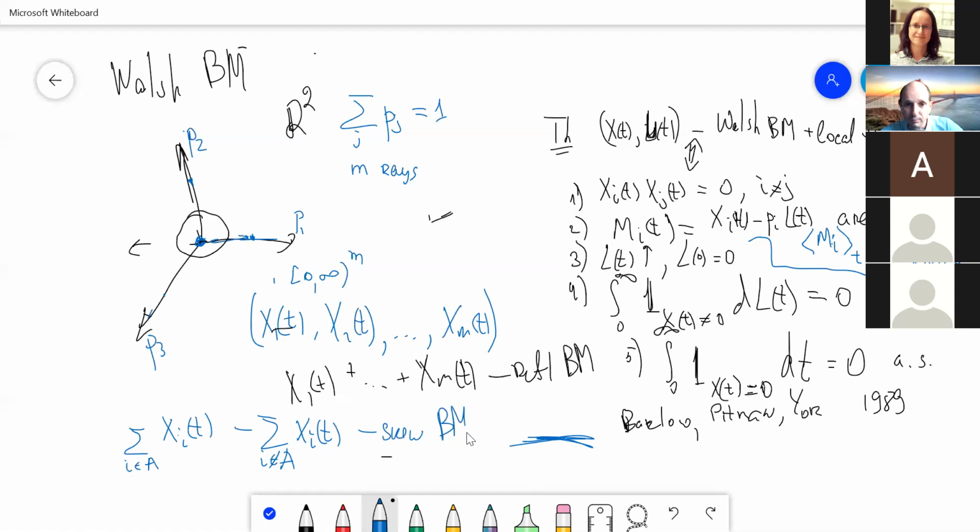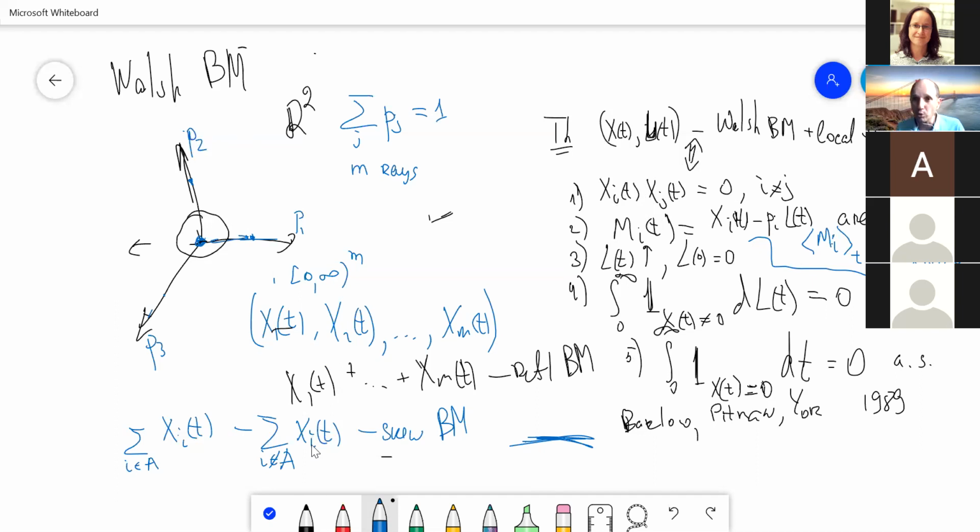It follows from the construction when we toss a coin and select excursions with certain probabilities. So if we have some process that satisfies these conditions, and you add some coordinates and subtract other coordinates, then you have a Skew-Brownian motion.